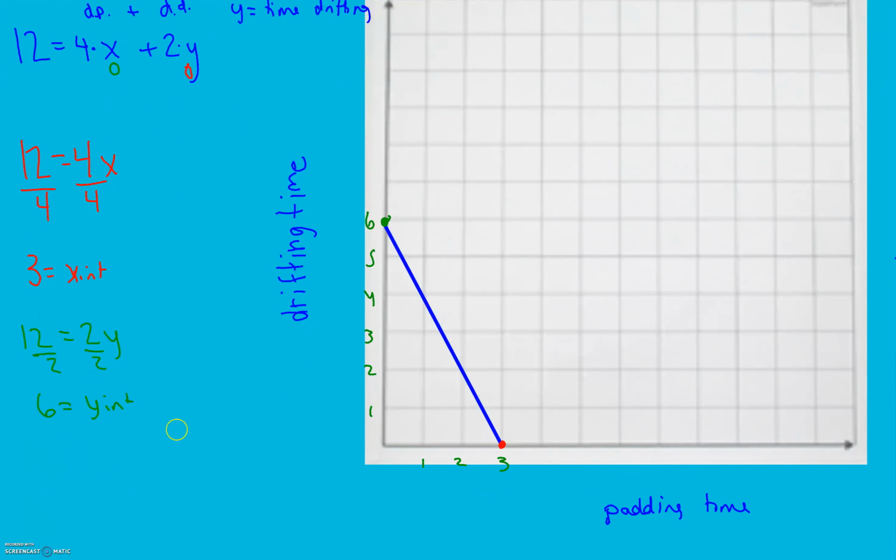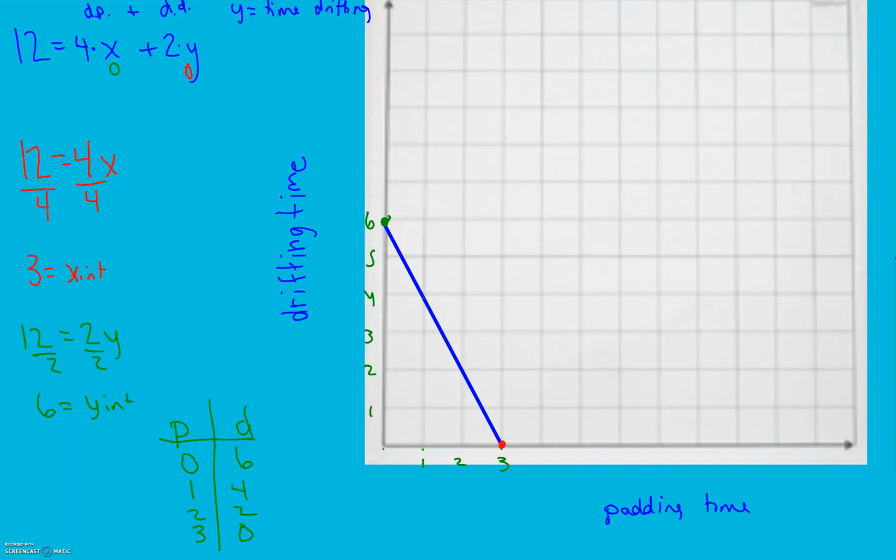So some possible combos for paddling and drifting: we can paddle 0 and drift 6. We can paddle 1 and drift 4 hours. We can paddle 2 hours and drift 2 hours. We can paddle 3 hours and drift 0.